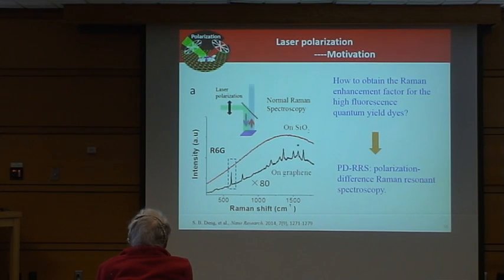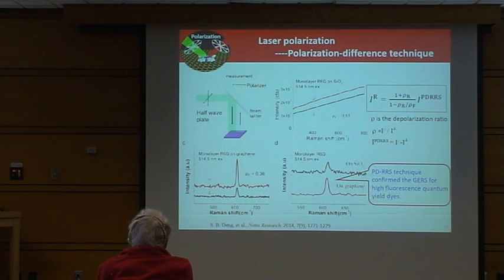If we insert a half-wave plate and analyzer into the optical path, then we can get the depolarization ratio of the system, and finally we can get the Raman signal of the system with graphene and without graphene.